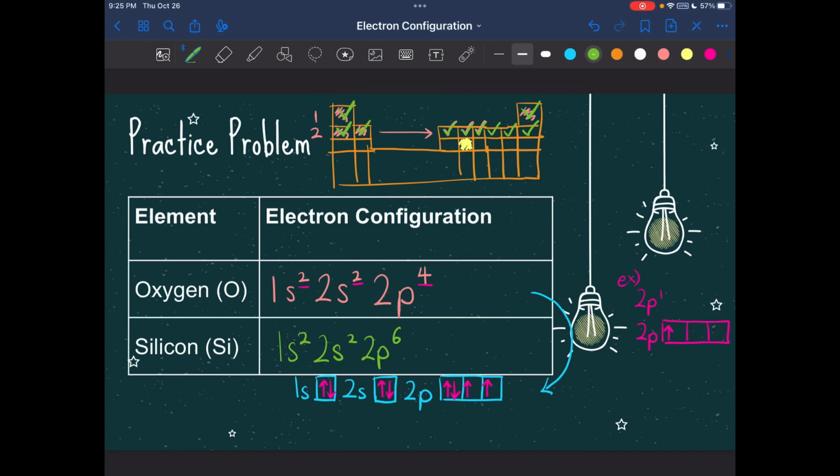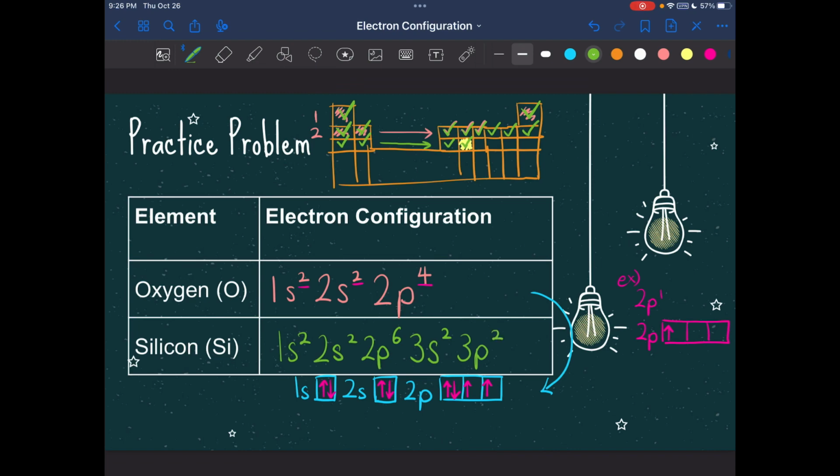Now moving on to the third row, we're going to go 3s, covering the 2 boxes, which is 3s2. And then moving to the right side, remember, we still have the P block in the same row. So we're going to have 3p2, with 2 boxes covered in total.